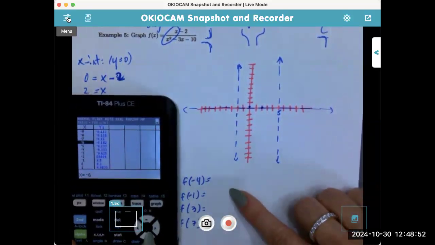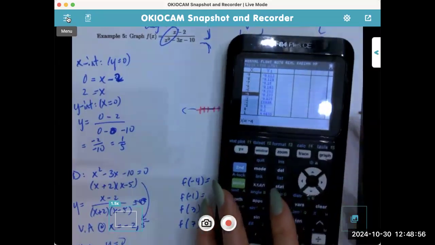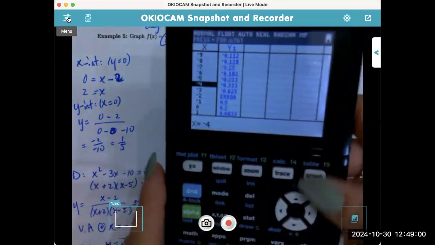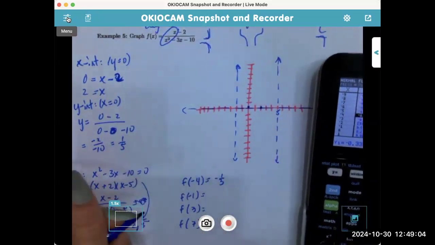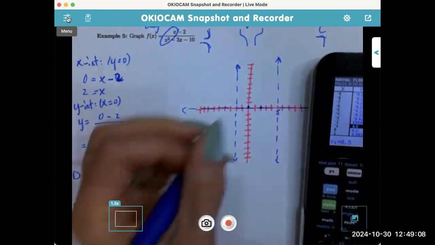So f of -4 is -1/3. f of -1 is 0.5, so that's a half.